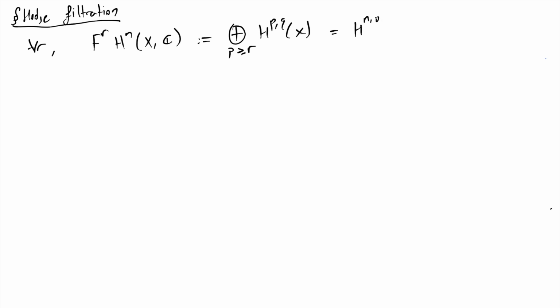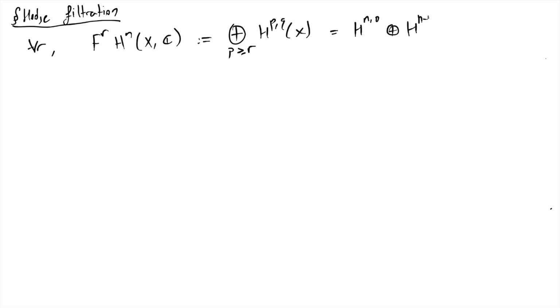Okay, so here's the filtration. For every r, we define the following space, F^r of H^n. The way you define this is that it's going to be the sum of the Hodge pieces where p is greater than or equal to r. So if we were to write it, the maximum that p can attain here is n, and then q is 0, and I'm not writing the X's anymore.